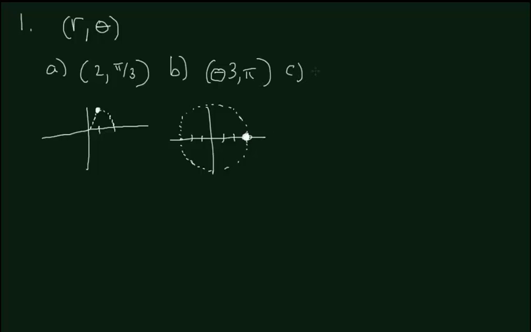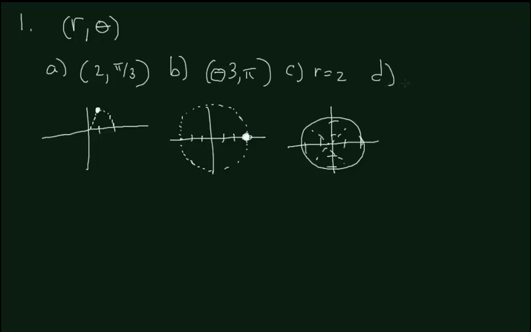C. In C we have r equals 2. This says no matter what theta is, no matter what the angle is, r is always going to equal 2. So that's going to show up as a circle of radius 2. Horrible circle, but you get the idea. So for every theta, r is 2.